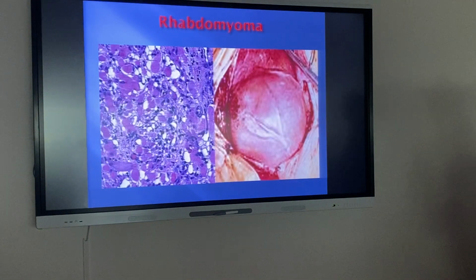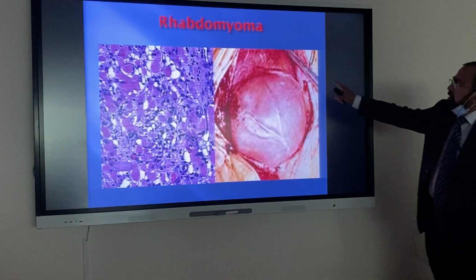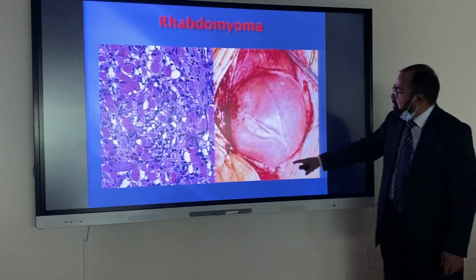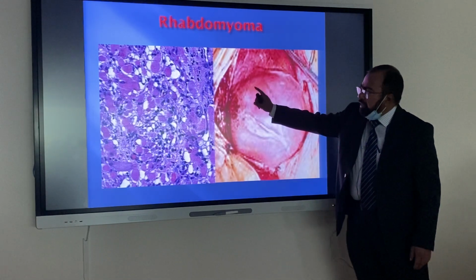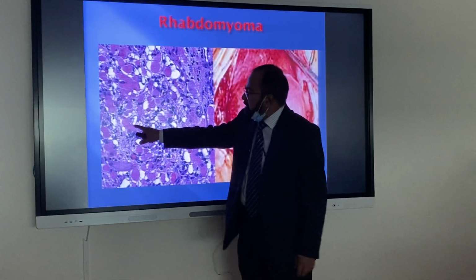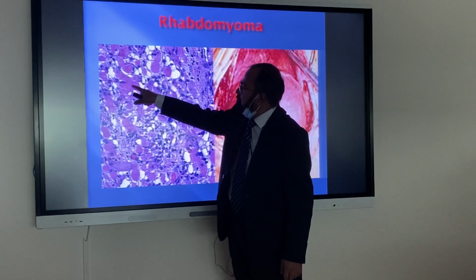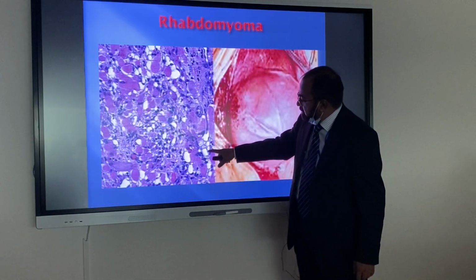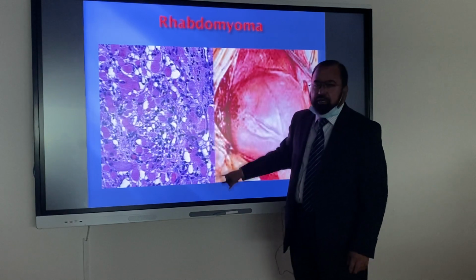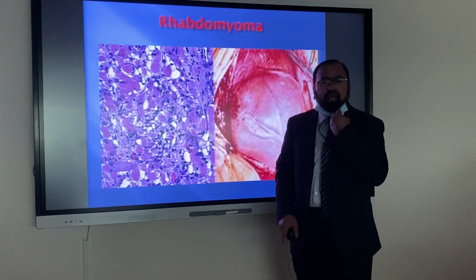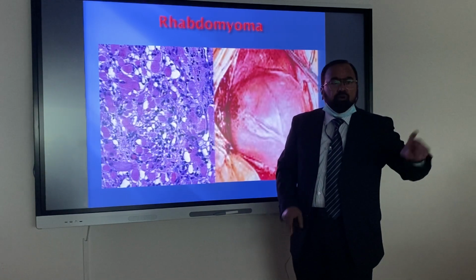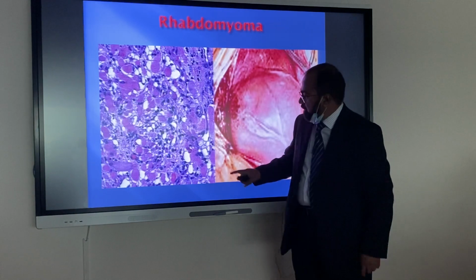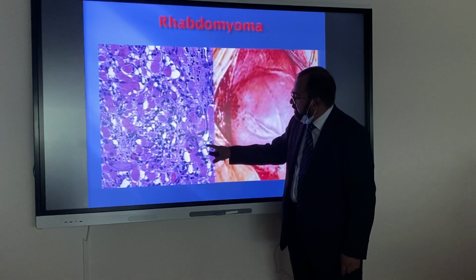This is the rhabdomyoma of the ventricle, right? It's a bigger one. But if you see here, these cells are large. These are myocytes, but the cytoplasm has become empty. So the glycogen has been taken off during processing, and it looks like a spider, right?